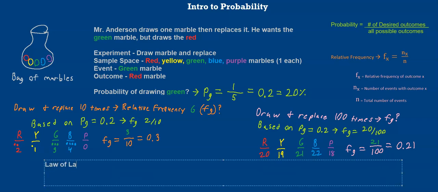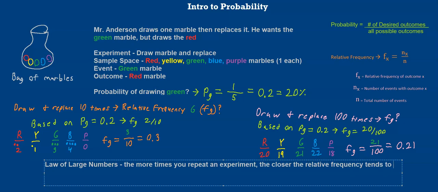What the law of large numbers states is that the more times you repeat an experiment, the closer the relative frequency tends to get to the true probability. So if I were to perform this experiment 1,000 times, we would expect the relative frequency to be even closer to our probability. The more times I repeat an experiment, the more I would expect it to reflect the actual calculated probability.